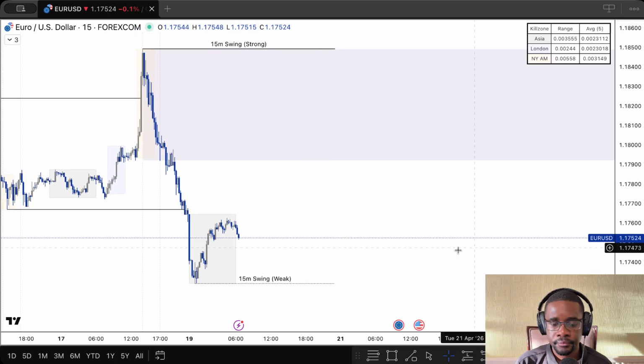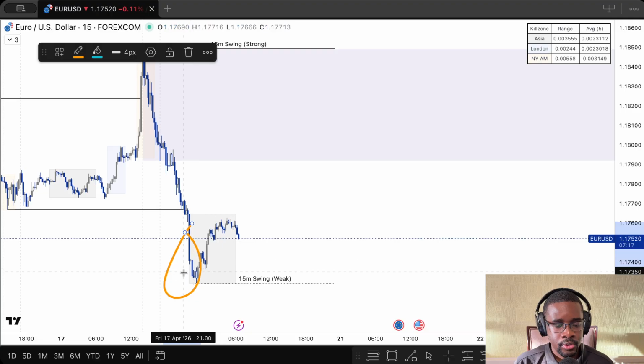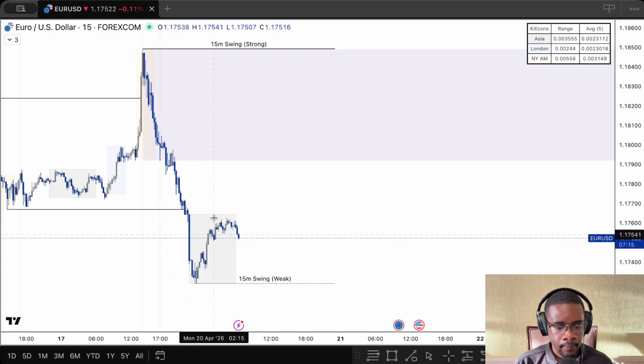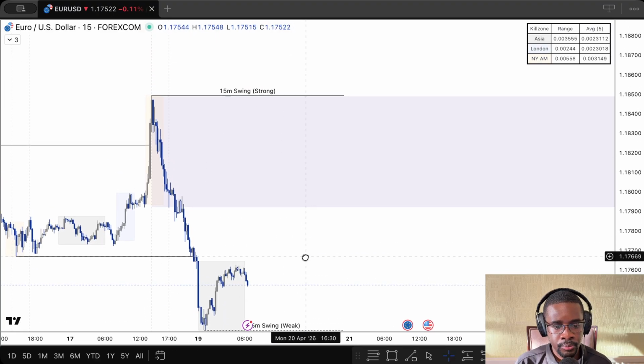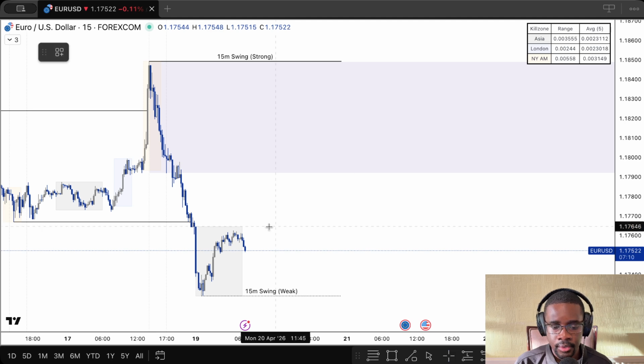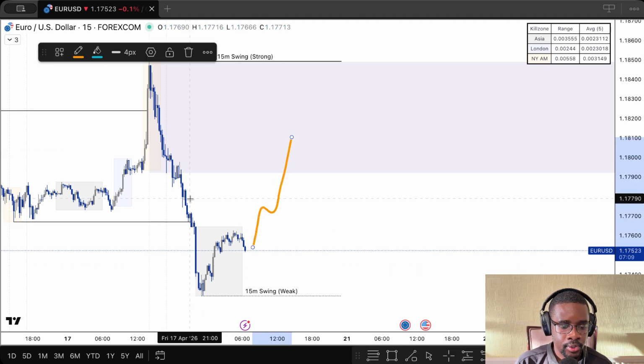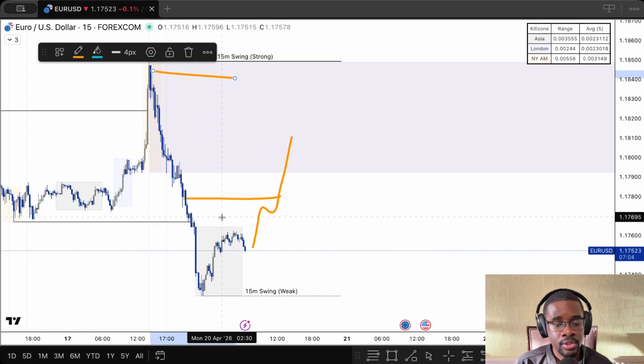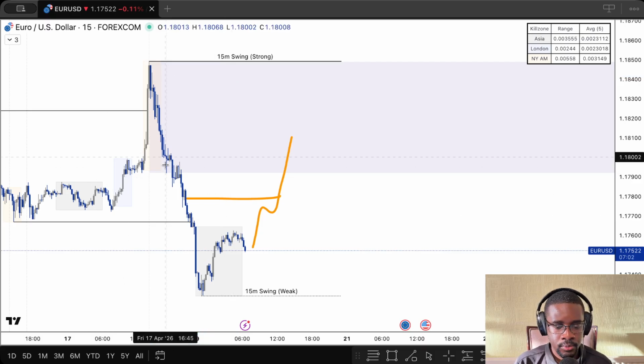So after a break of structure, would you expect a pullback? Now whether we're going to pull back all the way into any of these discount ranges or premium ranges remains to be seen.